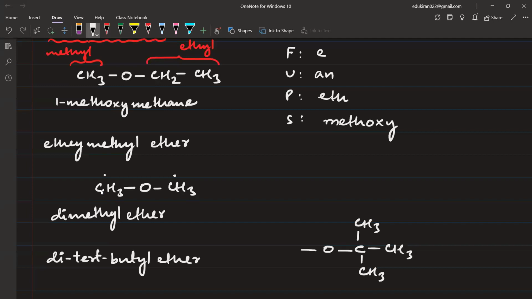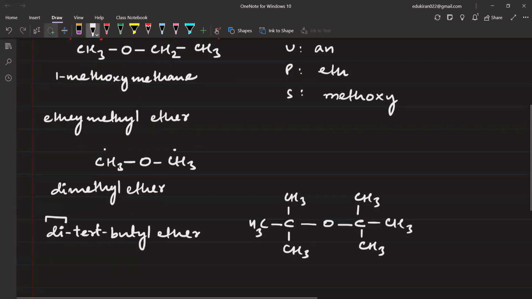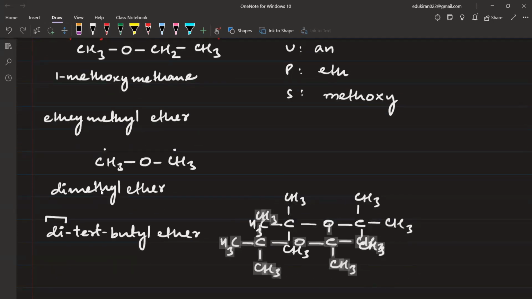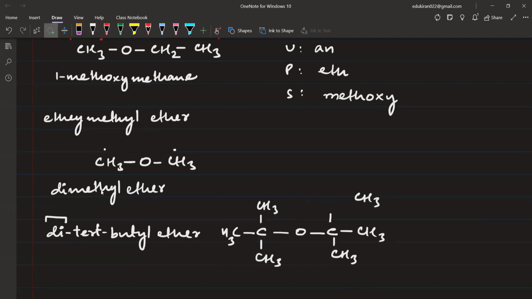And this whole fragment has four carbon atoms, that is why it is tert-butyl. Similarly, because it is di-tert-butyl, we will also have a carbon here attached with three CH3s. So write the names and structures of these, and then we will move on to the methods of preparation.